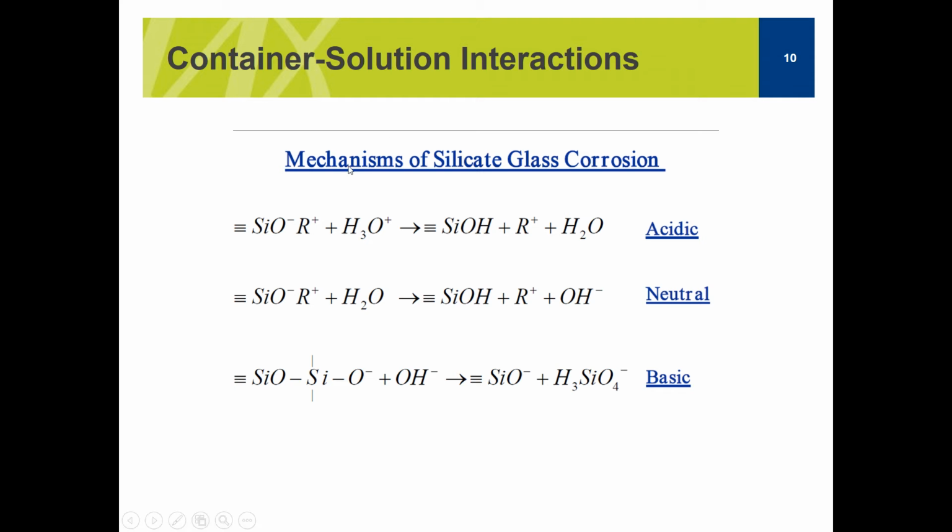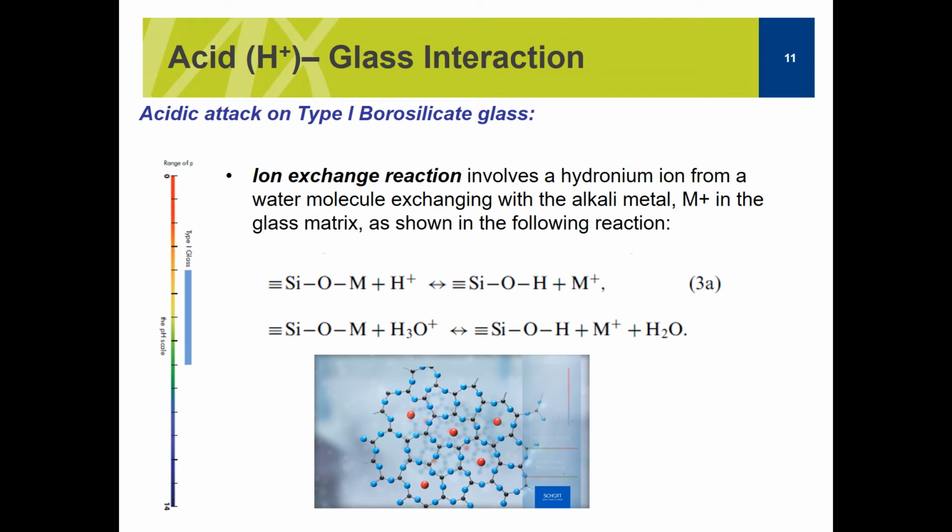So there is basically glass corrosion, or attacks on the glass, that happens in an acidic environment and in a basic environment. In an acidic environment, the nature of that attack, or that interaction, is completely different than in the basic. And we'll talk about it in more detail in the next slides. So let's first examine the acid, or H plus, and glass interactions.